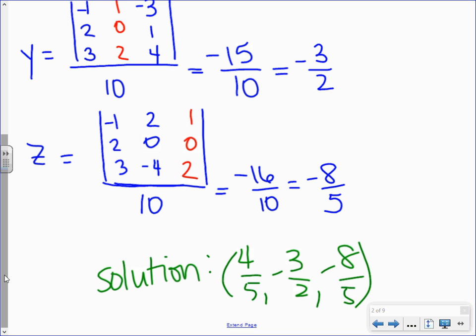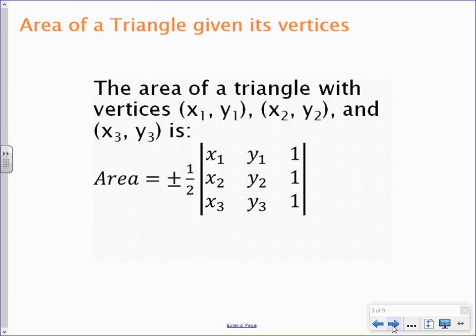All right, what else can we do with the determinants? Once we write this down, Miss Darby. Please write this down. After lunch, we will do the example. But we can find the area of a triangle using a determinant.